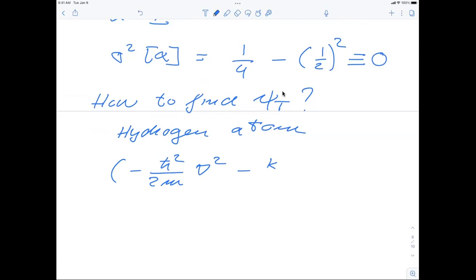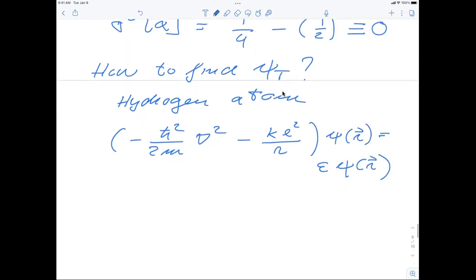That's a typical value for that constant. There's the charge here, and then you have a distance r, which is the distance from the electron to the atomic nucleus. I put the charge equal to 1 here, and this is acting on psi as a function of r. And this is our eigenvalue multiplied with this eigenfunction.